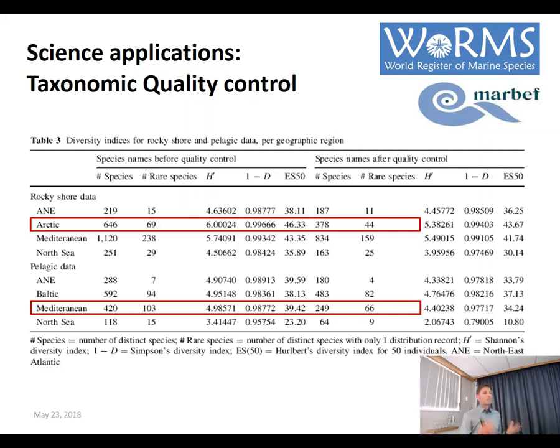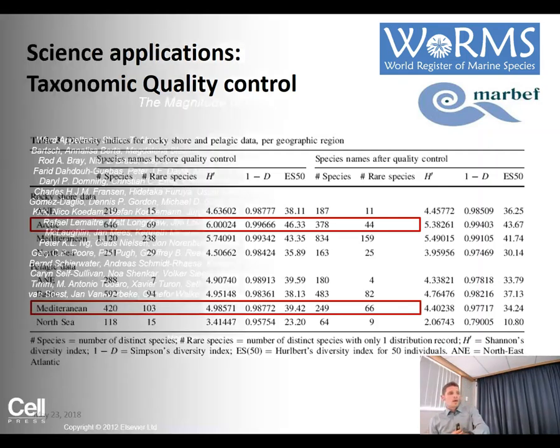So you really see the importance of using WoRMS if you are going to perform, for example, estimates on species diversity, the number of rare species, taxonomic distinctness calculations, and so on.